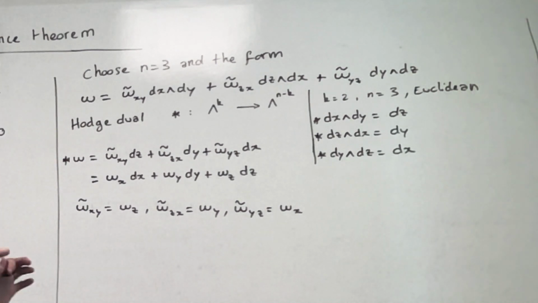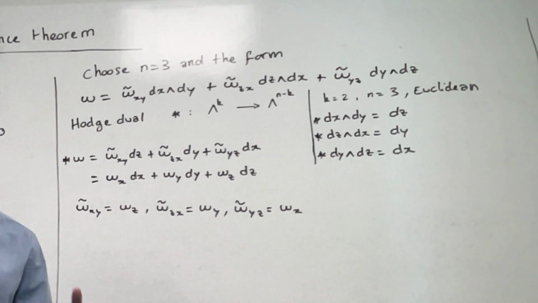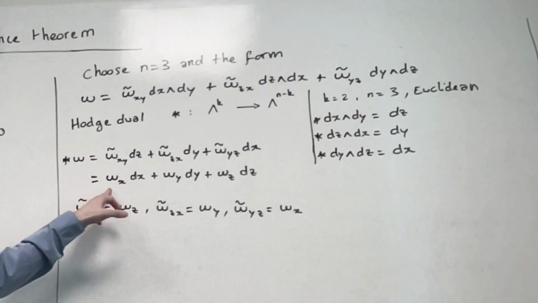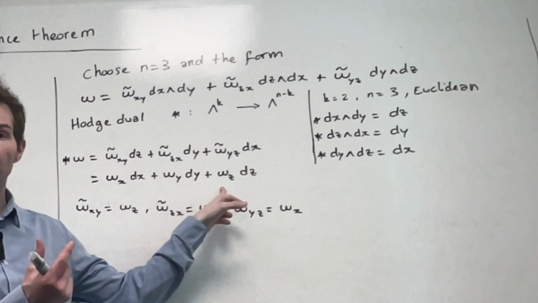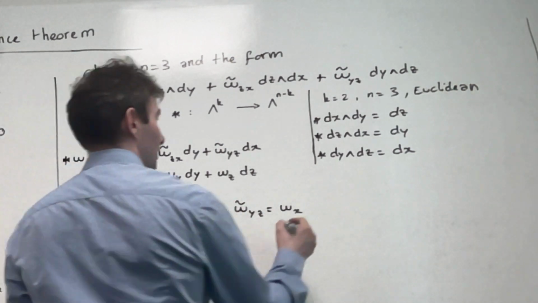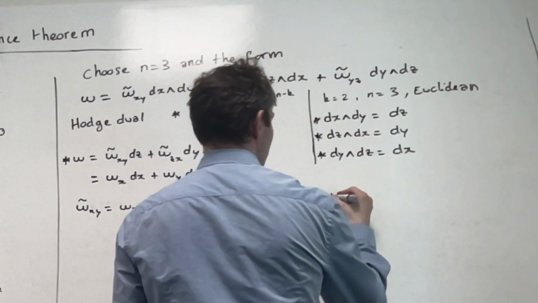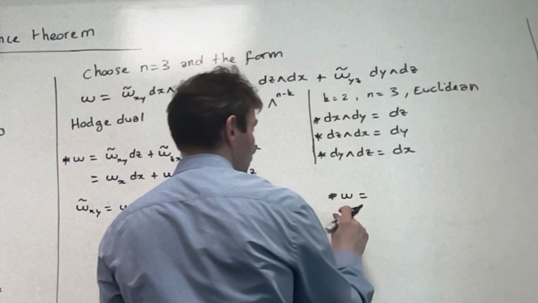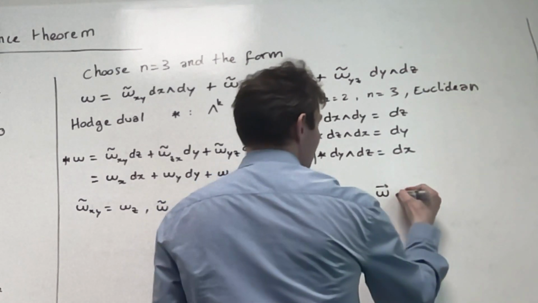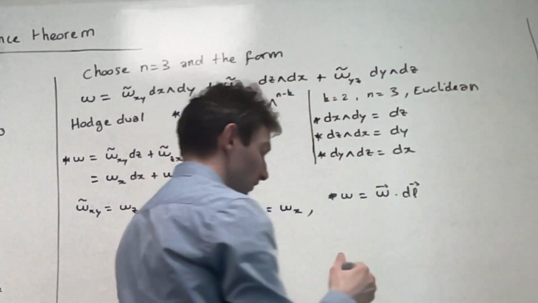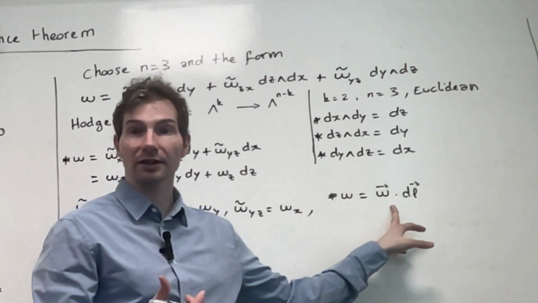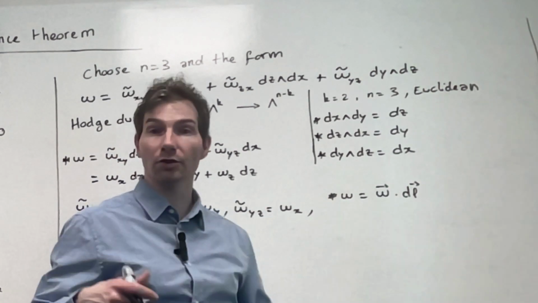Okay? Now, the reason why this is interesting to make this connection with the Hodge dual is because it's twofold. The first thing is that the Hodge dual of omega is basically a line integral. So the differential element of a line integral, so you can view that as, physically speaking, if you will, the Hodge dual of omega can be written as some sort of vector omega dot dl, as if it were essentially the dot product between a vector field omega and then a line element dl along some curve.